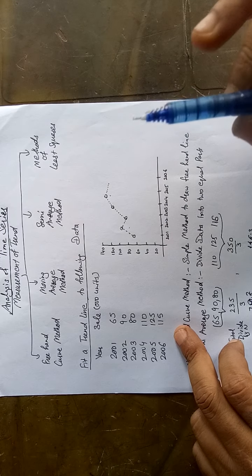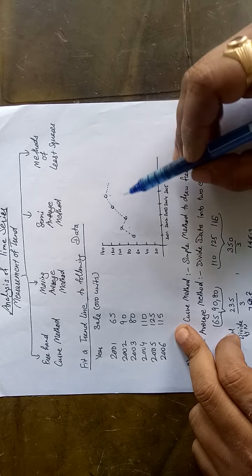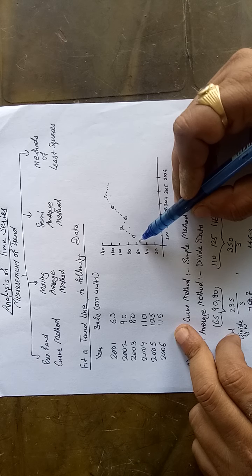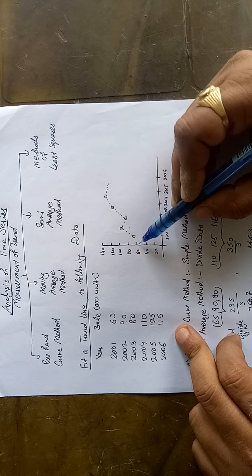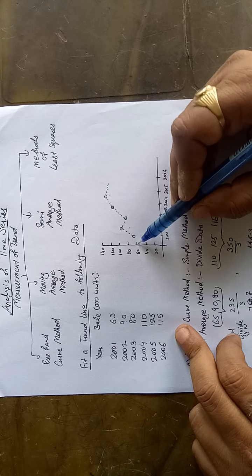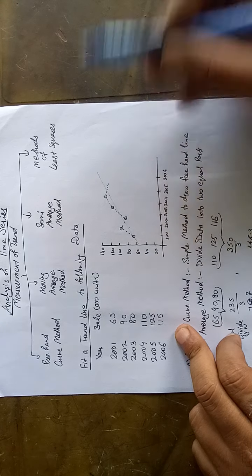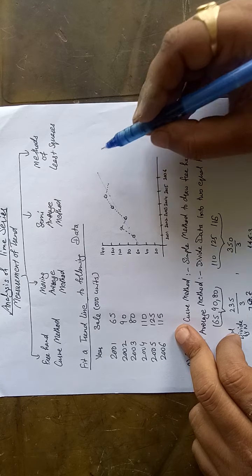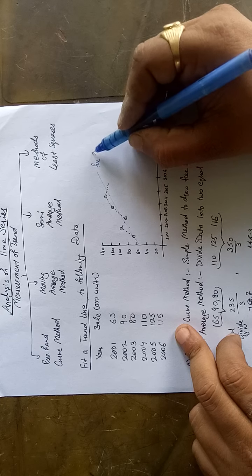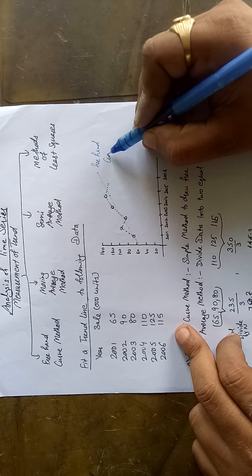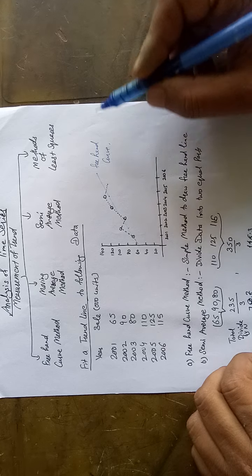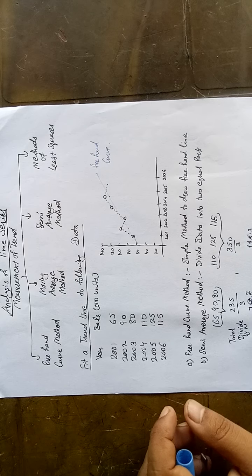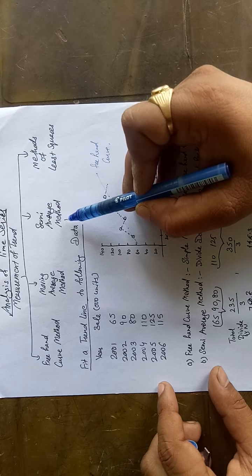So freehand is unsystematic, it does not have any system. If we simply draw a line by freehand showing that the trend is going upward, almost covering everything, this is a freehand curve. It is only by watching that you make a line.